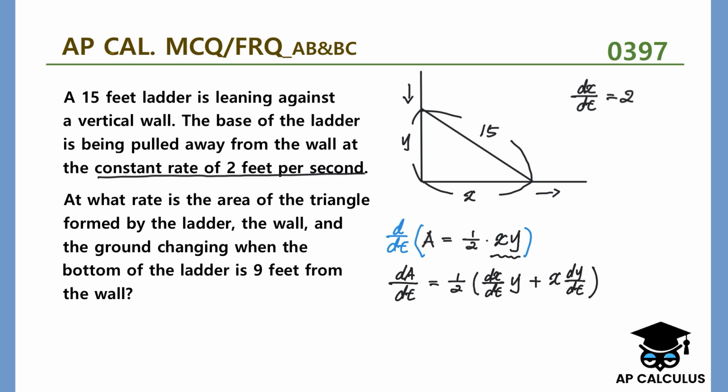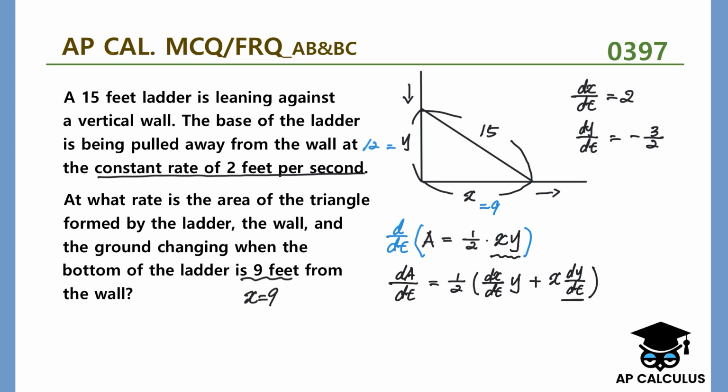And remember, we found out dy over dt when x was 9, right? From question 395, dy over dt was negative 3 over 2 feet per second, right? Okay, so when x is equal to 9, we know that y is equal to 12.